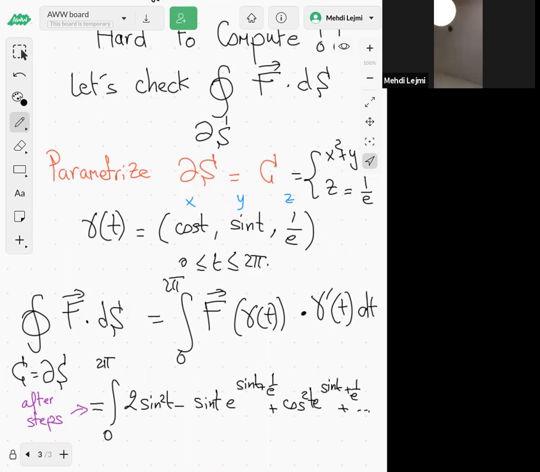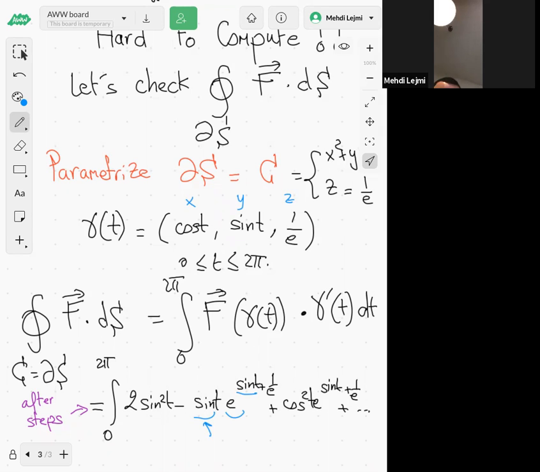But this is very hard to evaluate. It's kind of impossible to integrate, because as you can see, for example, here I have e to the sine of t, and here's the sine of t. It's not even the derivative of sine. If it was cosine of t here, then yeah, that would be the derivative of e to the sine of t.